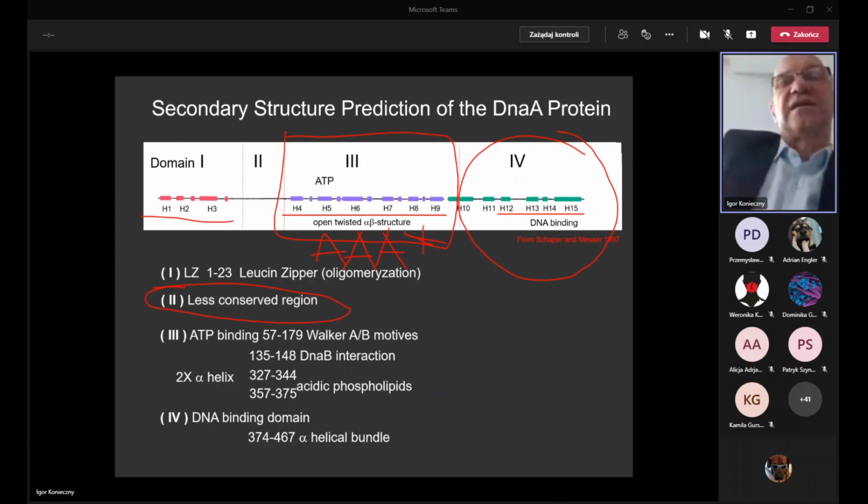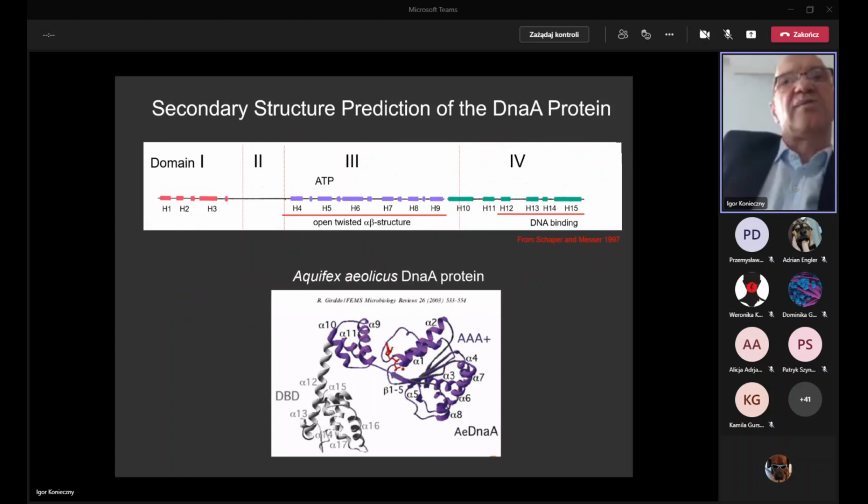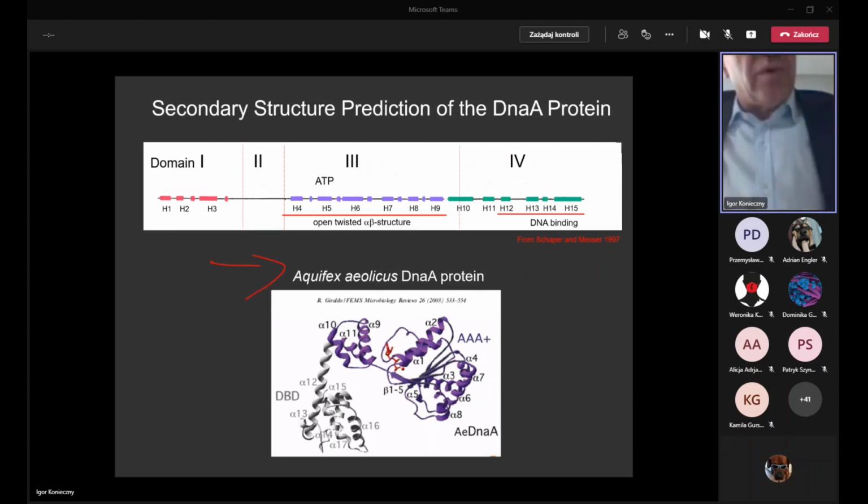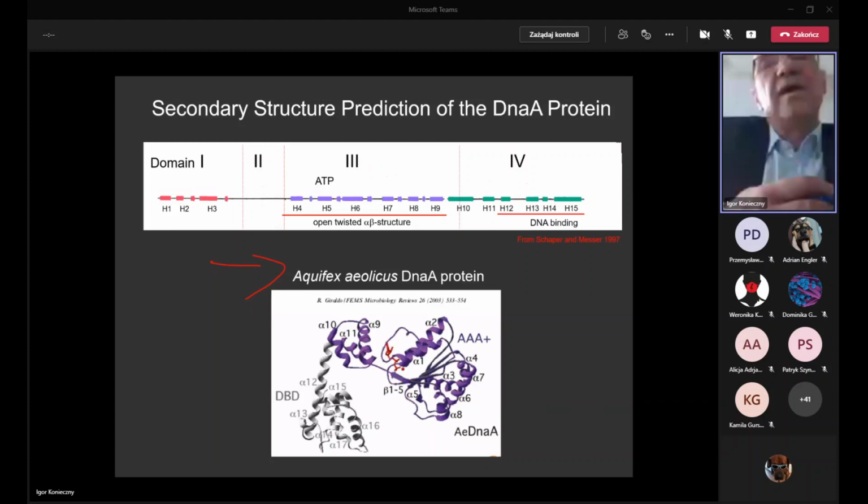Okay, so this is the sequence and the structure, but there were very many attempts to obtain the crystal structure, and finally it was achieved in 2003. Of course, when people tried to get a crystal from E. coli DnaA protein, they failed due to some intrinsically disordered regions of this protein, but then you can move to thermophilic bacteria, Aquifex aeolicus, and it was done.